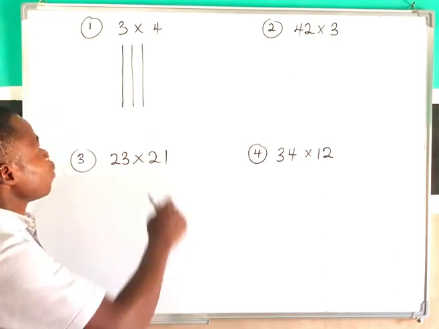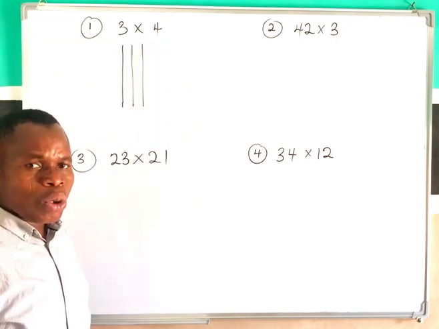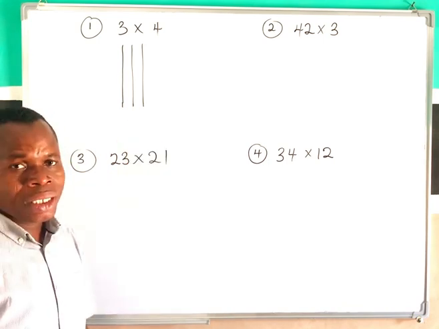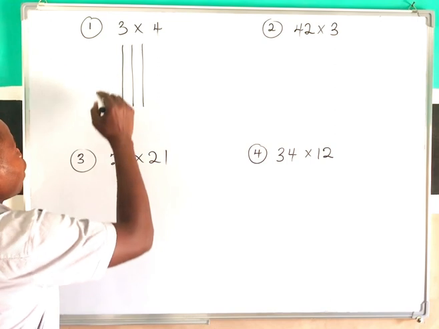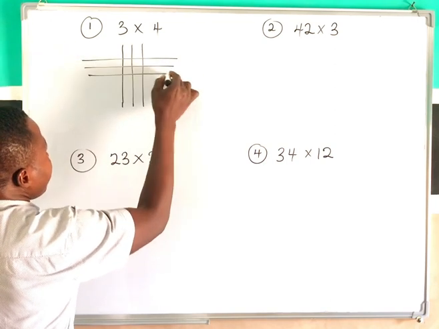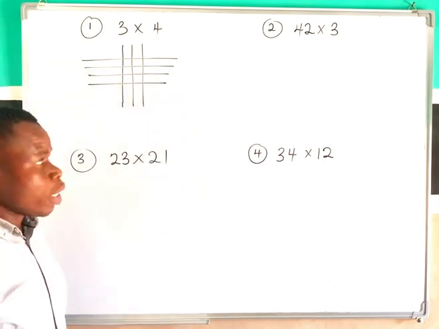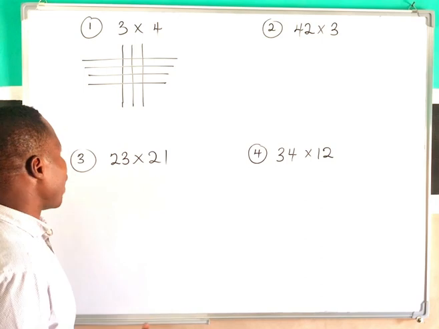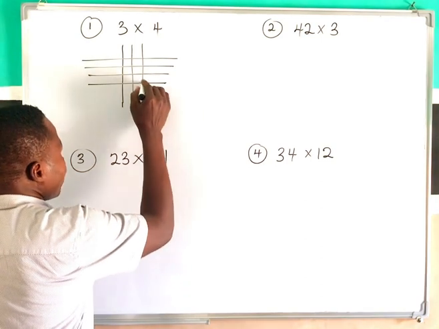Then the next number is 4. It means that I'm going to draw 4 lines and they are going to be horizontal, crossing these 3 vertical lines. So what I'll do is that I'll draw 1, 2, 3, 4. Now, where these lines pass each other or cross each other, I'll put dots there.